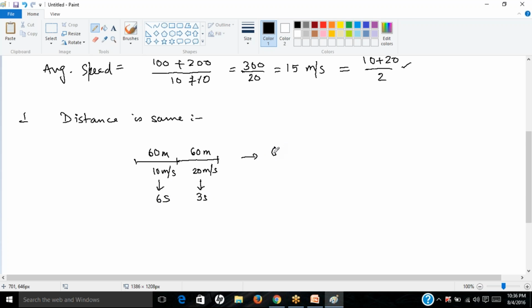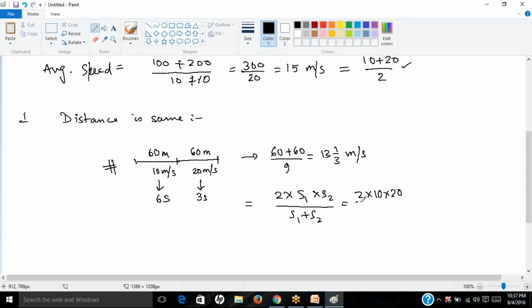So our average speed will be 60 plus 60 upon 9, so 13 1 upon 3 meters per second. Instead of doing this entire calculation, we could have simply done 2 times the product of the speeds divided by the sum of the speeds. So that would be 2 times 10 times 20 upon 10 plus 20, which is 400 upon 30, which is 13 1 by 3.